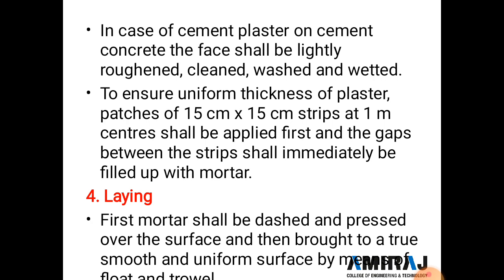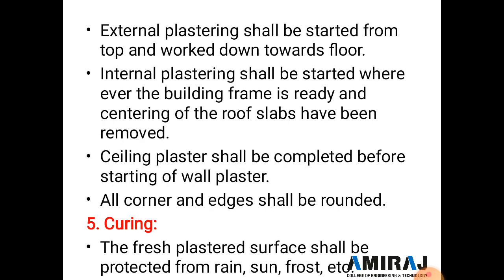The fourth point of the specification is laying. First the mortar shall be dashed and pressed over the surface, and then brought to a true, smooth and uniform surface by means of float and trowel. External plaster shall be started from the top and worked down toward the floor, and internal plaster started when the building frame is ready and the centering of the roof slab has been removed.